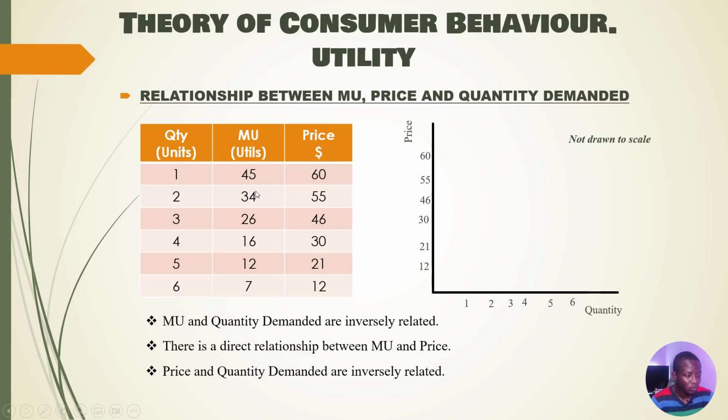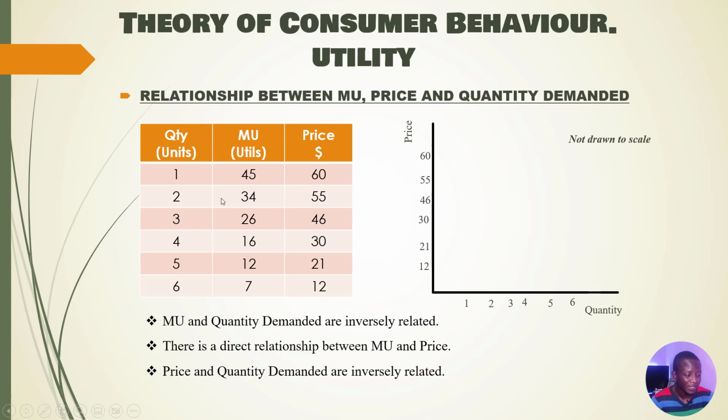So it fell to 34. Now that you are having a lesser satisfaction for that commodity, you only pay a price which is lesser than the previous or the initial price. That's the only thing that will motivate you to pay or to consume the second unit. This is because for the second unit, you are deriving a utility of 34, which is lesser than that of the first unit.